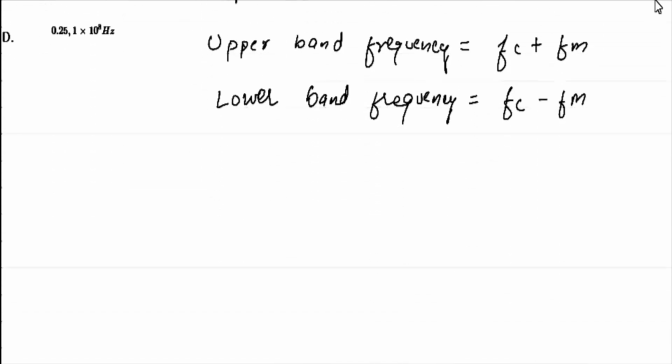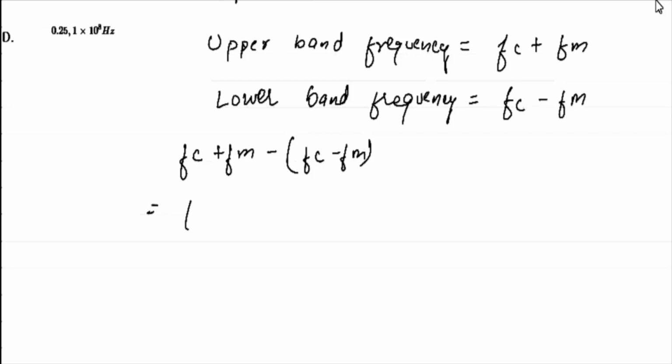So if we take the difference, that is (fc plus fm) minus (fc minus fm), the fc and fc cancel out, and we get 2 times the frequency of the message signal.